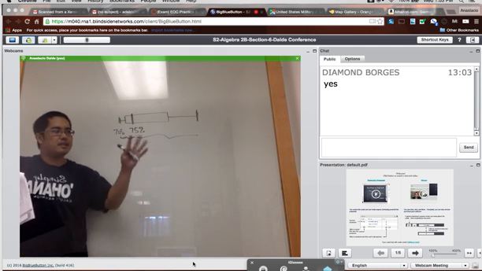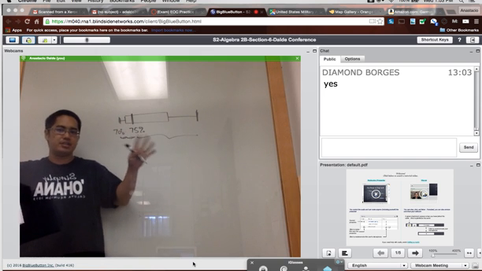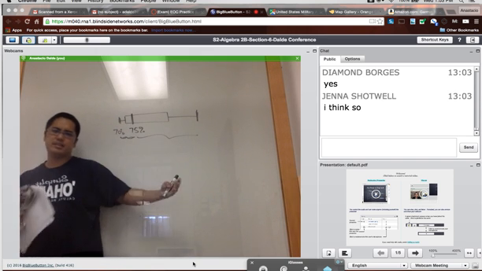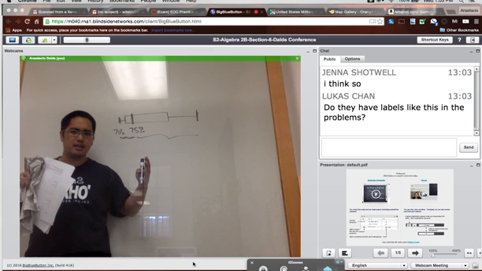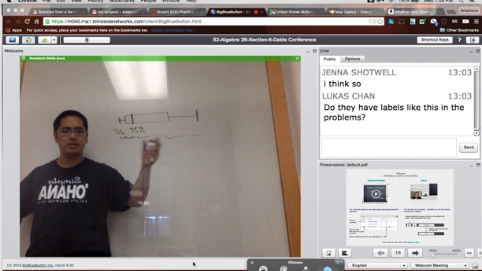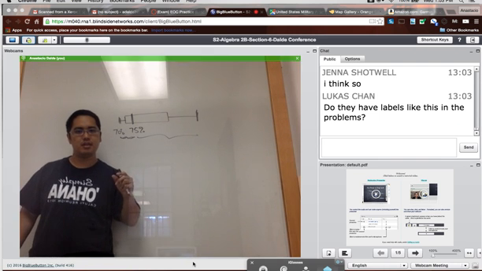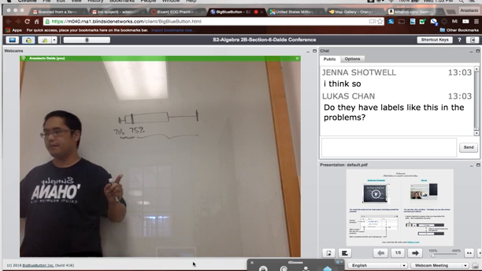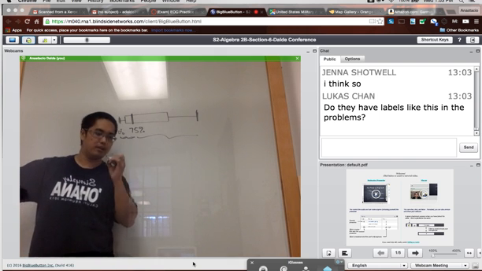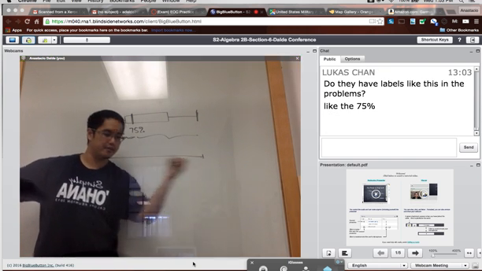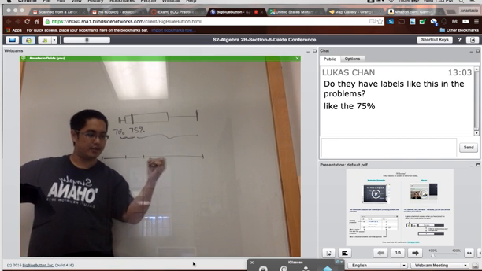So immediately, just by looking at the shape of this thing and how big this box is, and compare it to, do they have labels like this in the problems? I think in the problems, they put this right over a number line. So then they go like 5, 10, 15, 20.